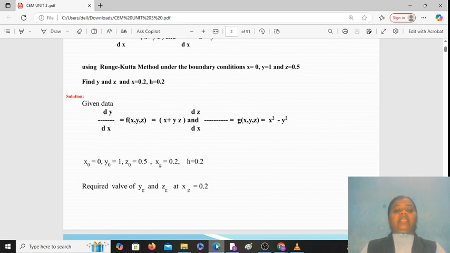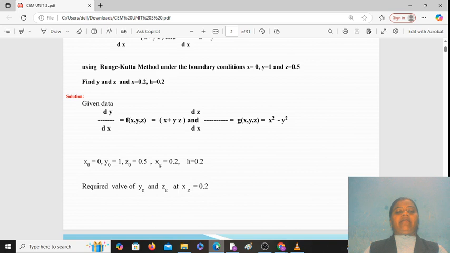Now the initial values are given, that is x0 is equal to 0, y0 is equal to 1, z0 is equal to 0.5, and xg given is 0.2, h is equal to 0.2.